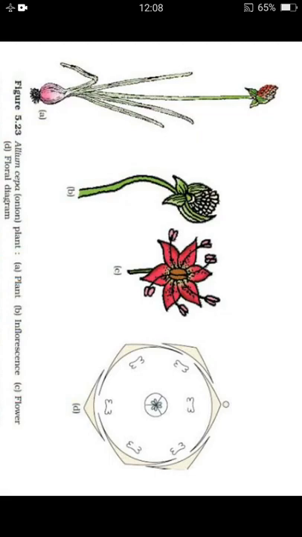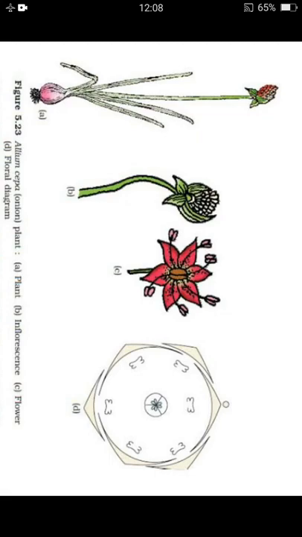So how many are there inside the diagram? There are 3, that's why it is called 3 carpels. Next, syncarpous ovary, and the ovary is superior. Superior ovary means, as we discussed in the previous class, the ovary is above on the thalamus, and the rest of the floral parts are below the ovary, hence it is called a superior ovary.